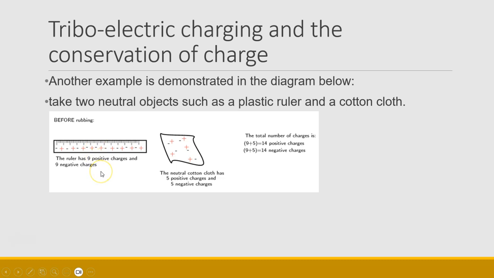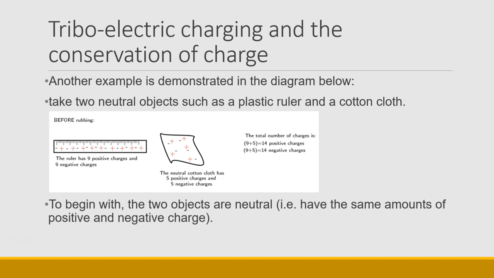But just for demonstration purposes, the ruler is made up of 9 positive charges and 9 negative charges, making it neutral. And the cotton cloth is made up of 5 positive charges and 5 negative charges, also making it neutral. Note that 9 plus 5 means that the system has a total of 14 positive charges and 14 negative charges.